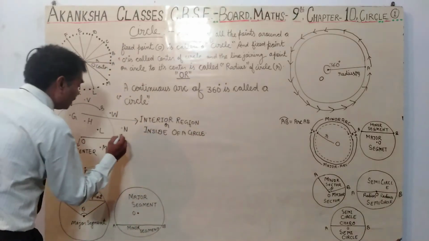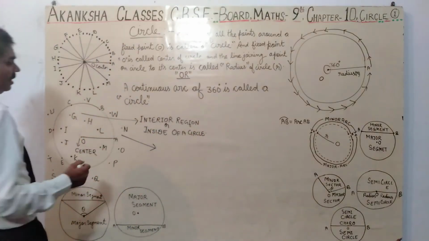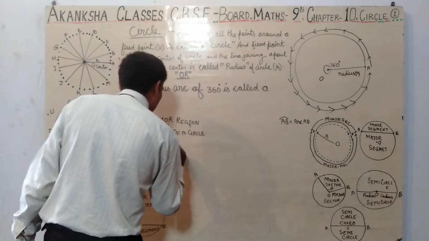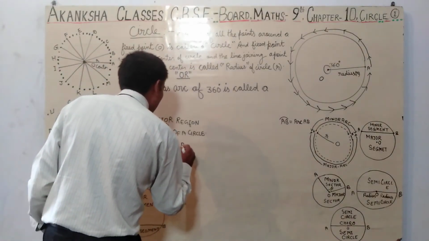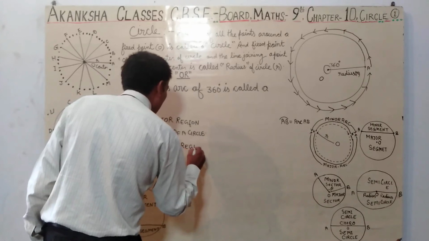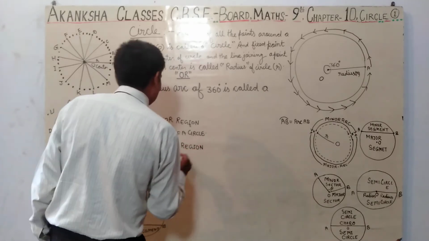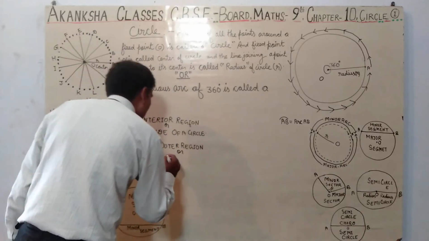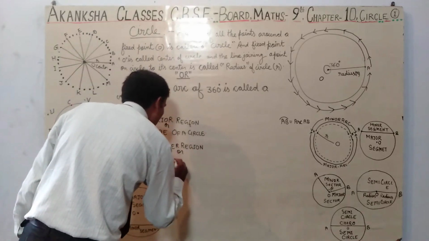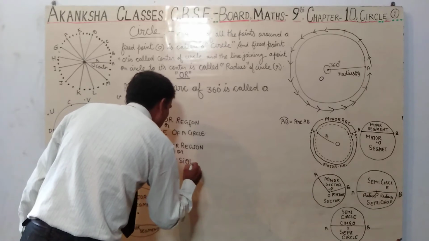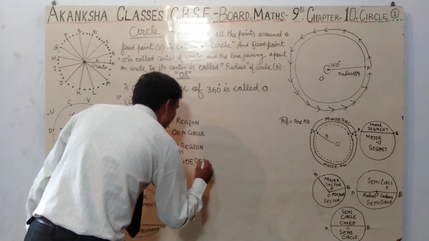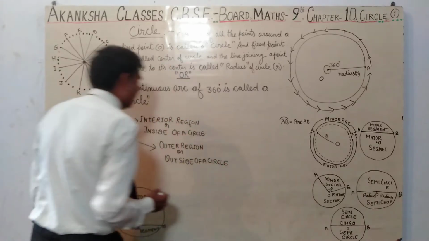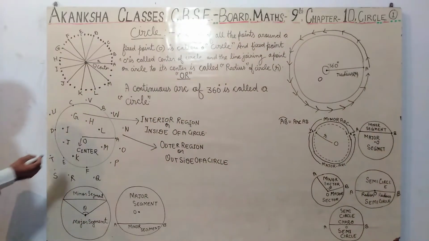And the region outside the circle is called the outer region, or outside of a circle.